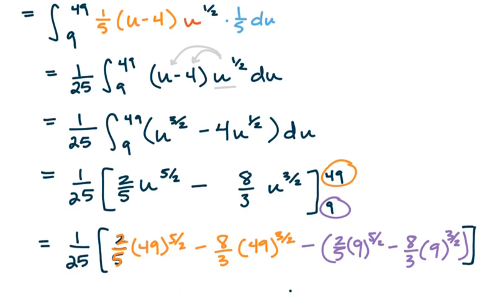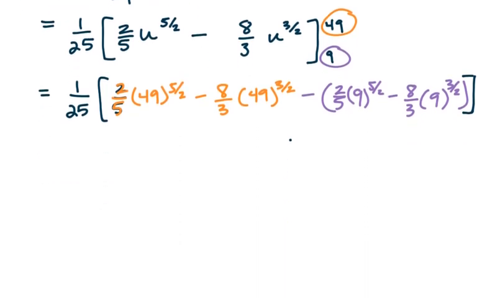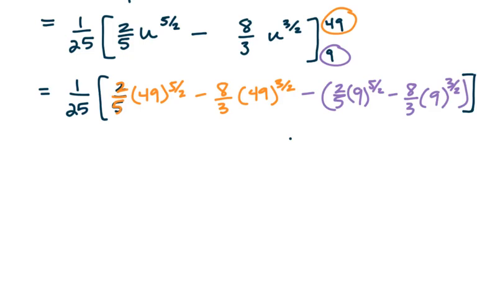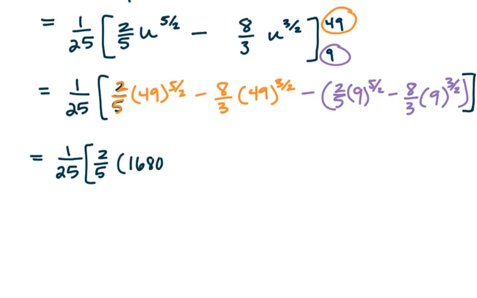And so, this is ugly for us to deal with or simplify, but very doable. 1/25. I have 2/5. 49, the square root of that is 7. And 7 to the 5th is 16,807 minus 8/3.